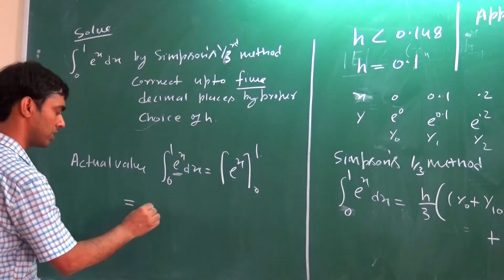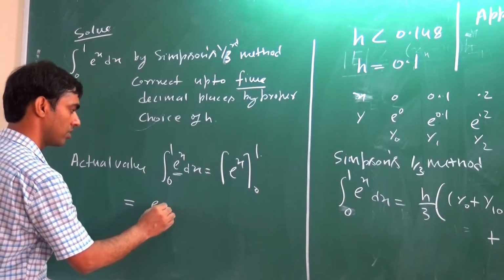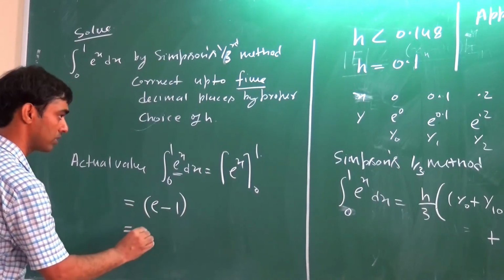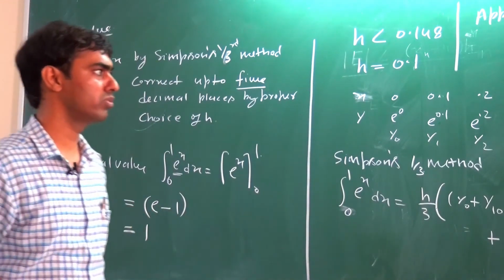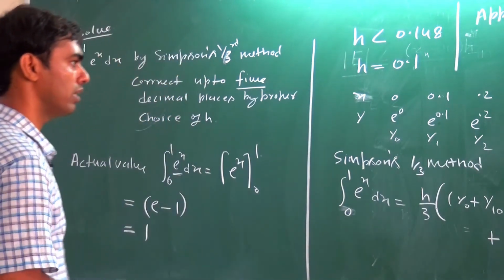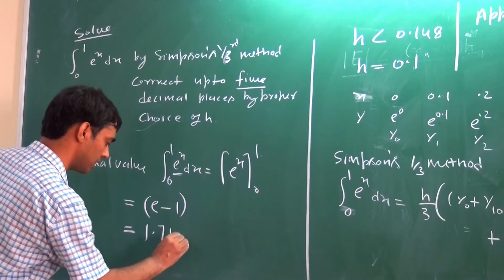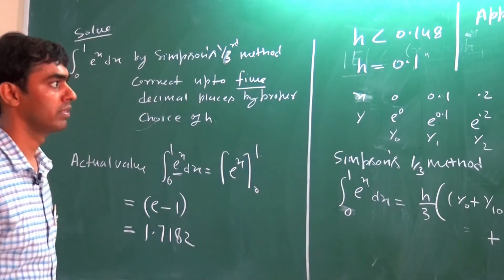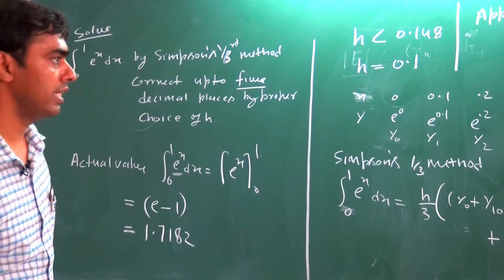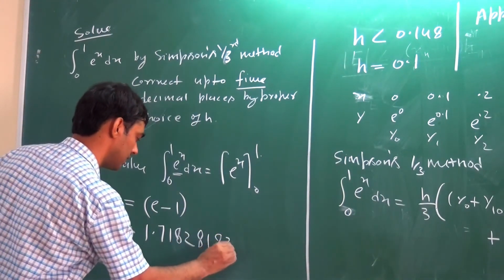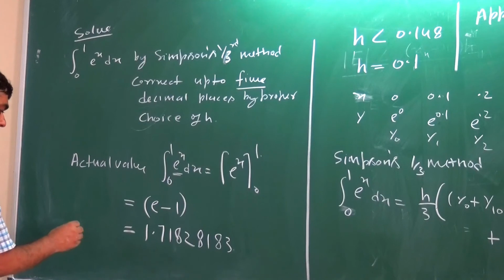So this becomes e minus 1. What is the value for this one? I have already noted down the value for this one: 1.71828281883. This one is the actual value.